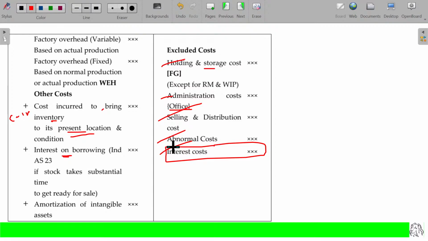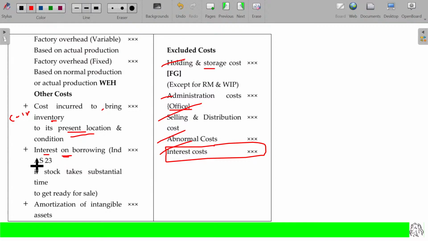It takes at least 3 years. Up to the 3 years, for the borrowings, they may be paying interest. That interest will be forming part of the cost of the material. This interest on borrowings can be capitalized up to the date it is ready for the intended requirement. Once it is ready for sale, thereafter not sold for 2 or 3 years, can I capitalize? No. Once it is ready for sale, thereafter you have to stop capitalizing.